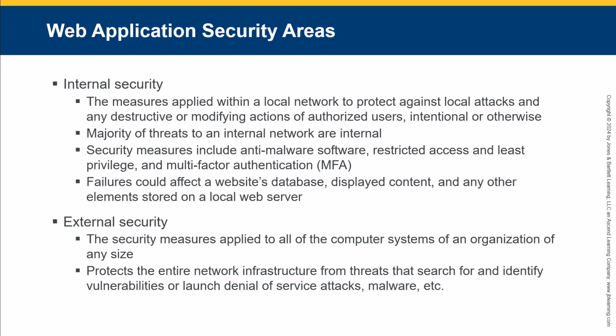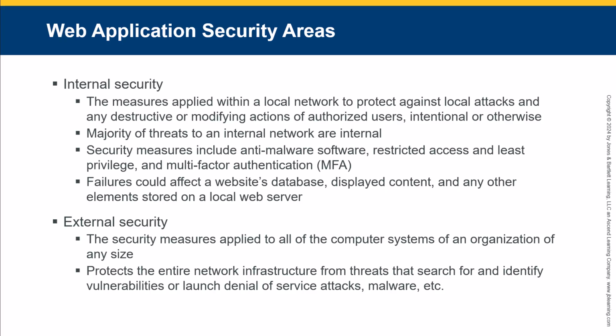Security measures include anti-malware, restricted access, restricting privileges, sometimes multi-factor, and then again, lots and lots of logging. Failures could affect the website's database, display content, and any other element stored on the web server.